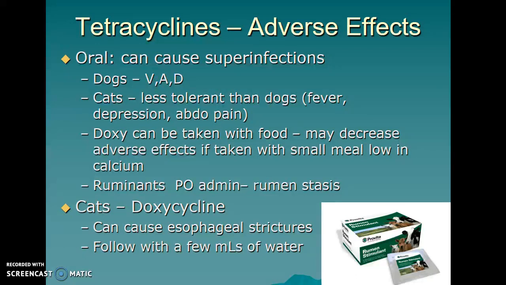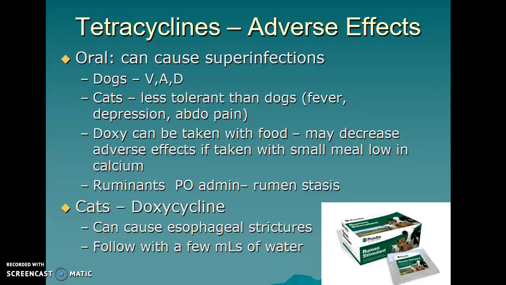Cats have a special situation with doxycycline. We've learned this, unfortunately, the hard way. Sometimes we're giving half of a tablet or a powdered form of doxycycline, and it has actually irritated the esophagus as it goes down and kind of stuck there.